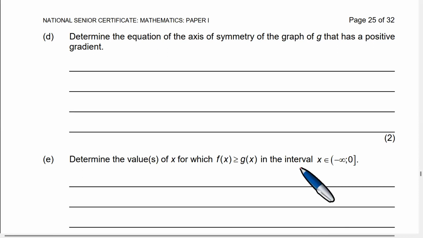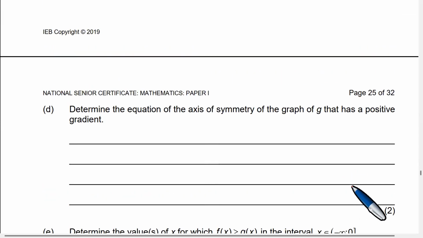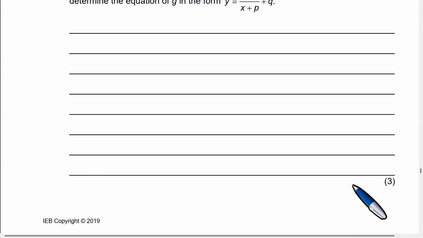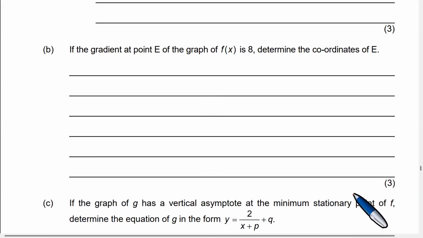In this question, they are looking for where f is greater or equal, so it's not just above, but it can also be equal. So it has this equality condition as well, greater or equal to g. But we are looking at where x is an element of the interval from minus infinity to 0, the non-positive part.